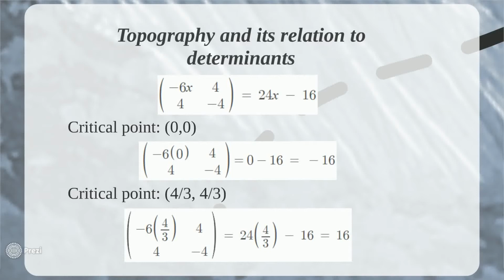Plugging in the critical point (0, 0), we get 0 minus 16, which is equal to negative 16. Plugging in the critical point (4/3, 4/3), we get 24 multiplied by 4/3 minus 16, which is equal to 16.